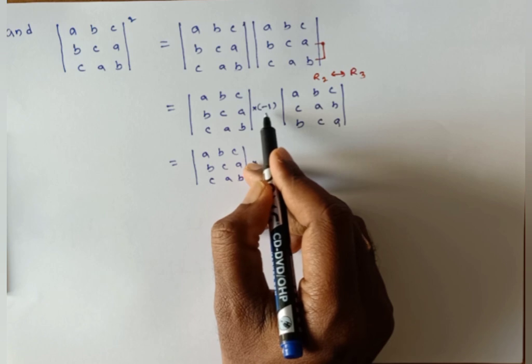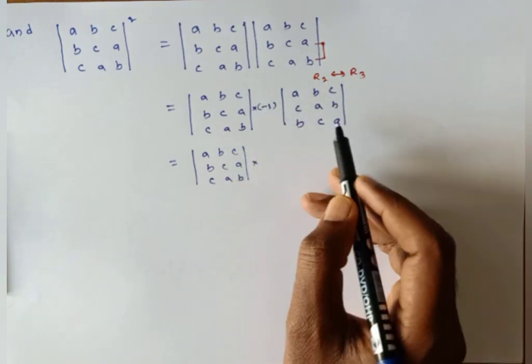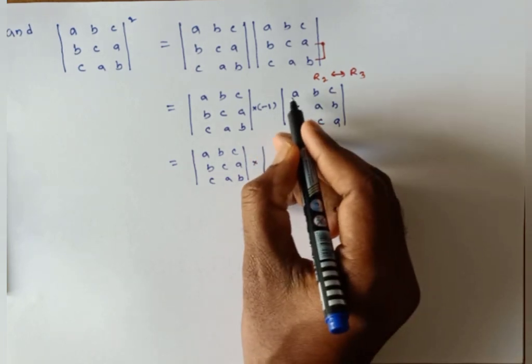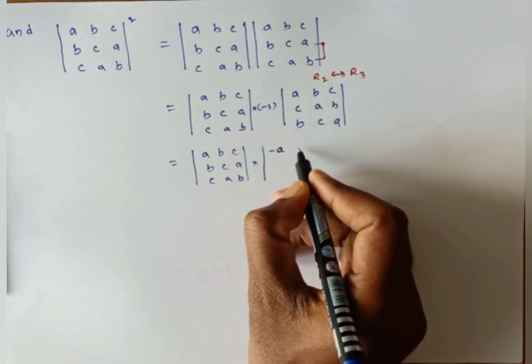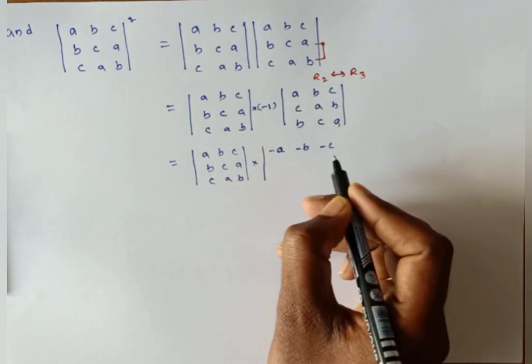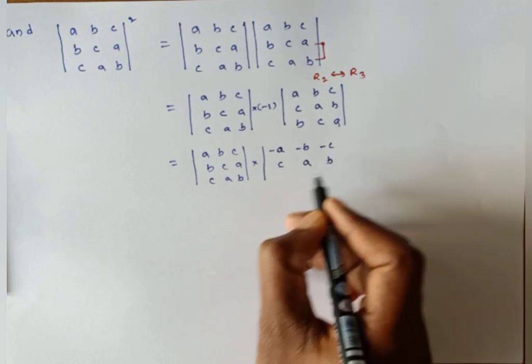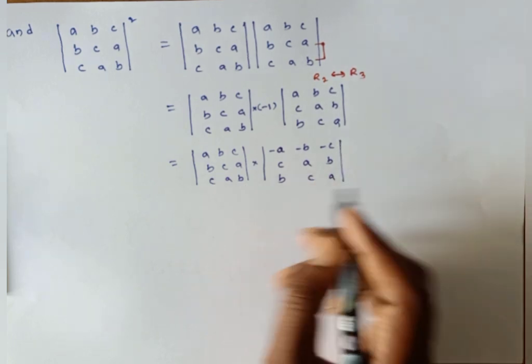So we can multiply this minus 1 with any row or column of this determinant. Here I am multiplying this minus 1 with the first row, so that the elements become minus a, minus b, minus c, c a b and b c a.